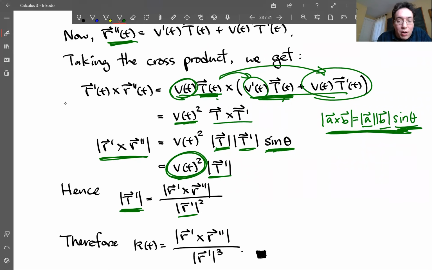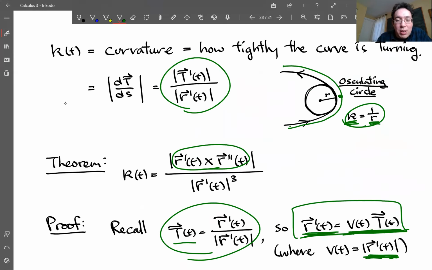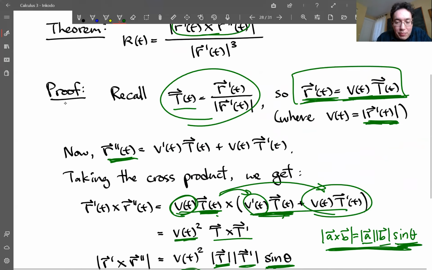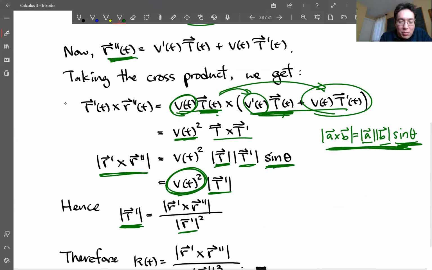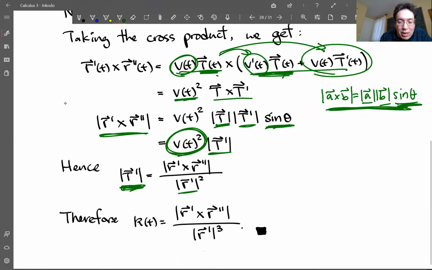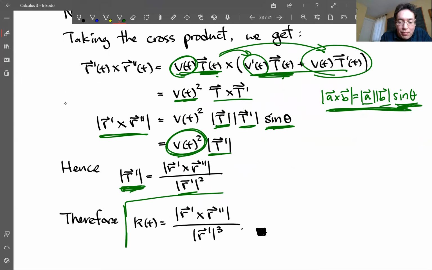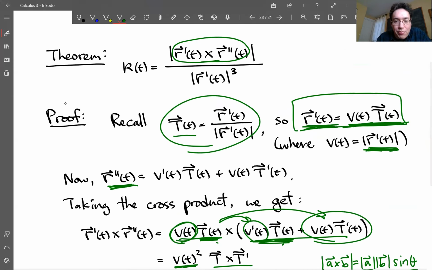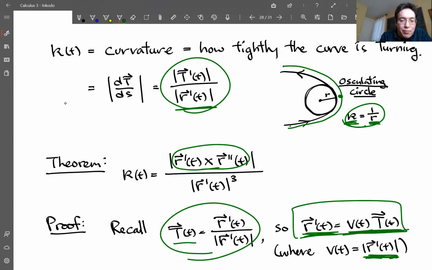So we have the magnitude of r prime squared. We're just one step away. Now we just have to divide by the magnitude of r prime again to get our curvature. So we divide by r prime again, and we get our formula for the curvature, which was the theorem right here.